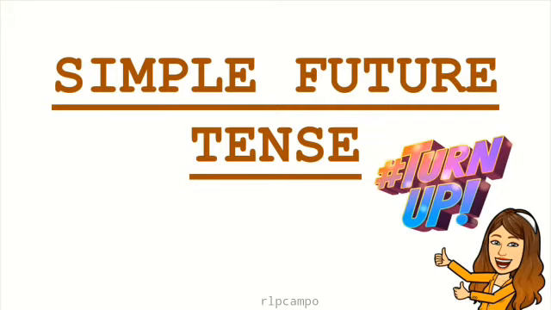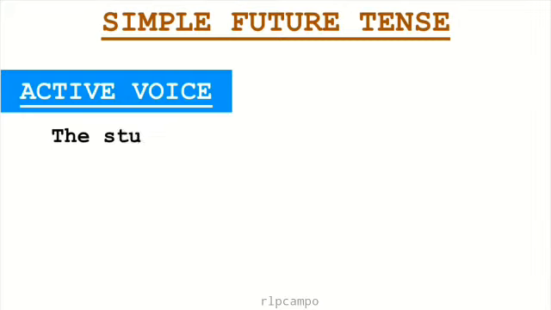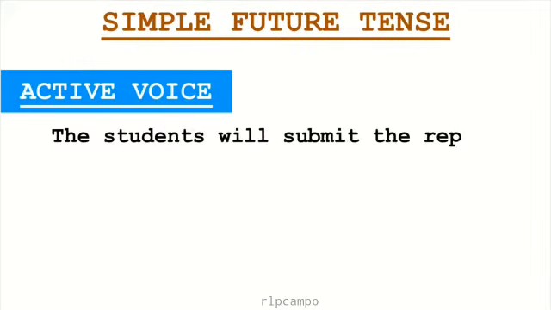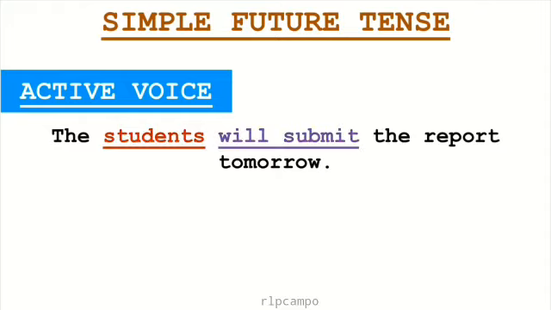Next is simple future tense. The students will submit the report tomorrow. The subject or doer of the action is students. Will is the be verb indicating future actions, and the main verb is submit.